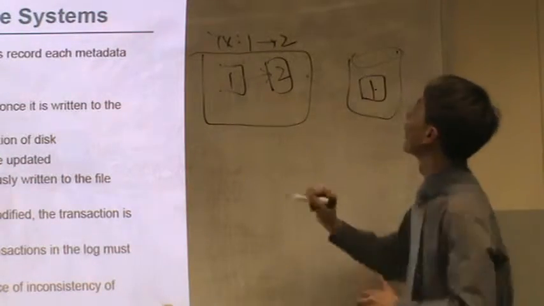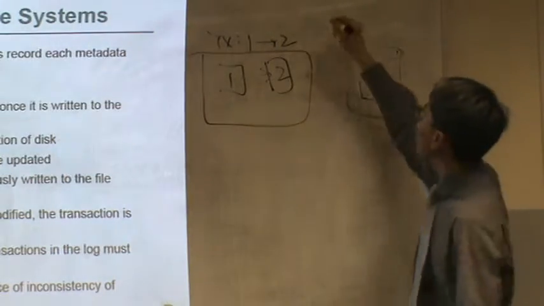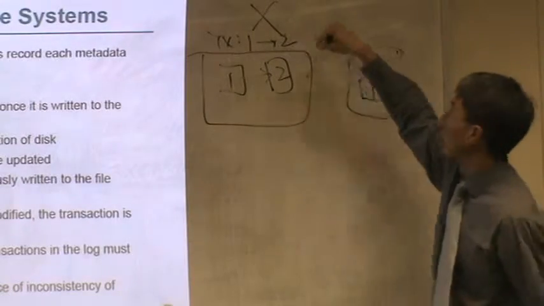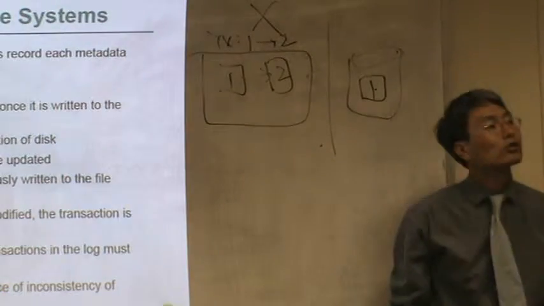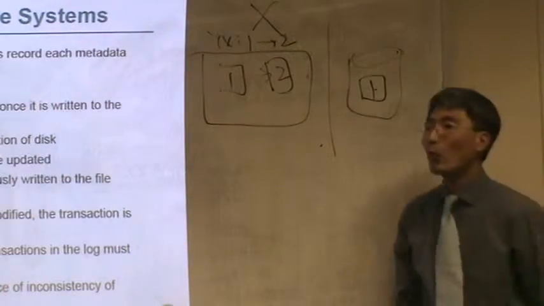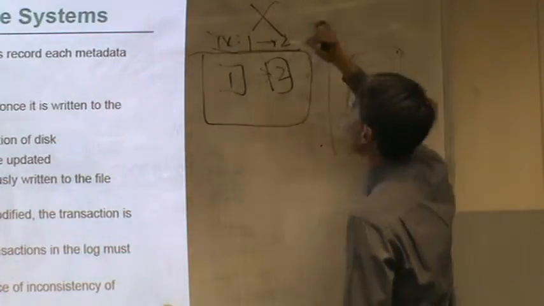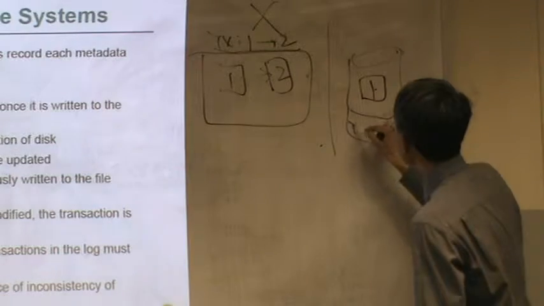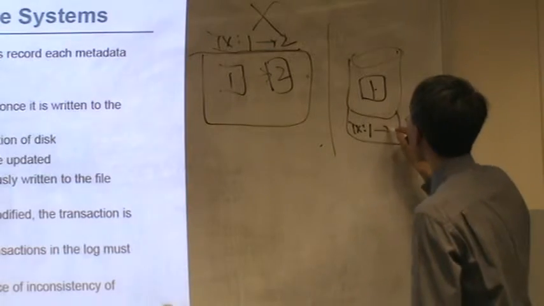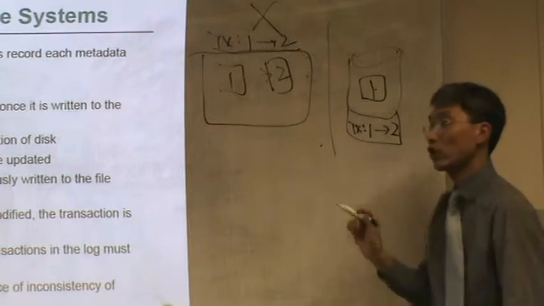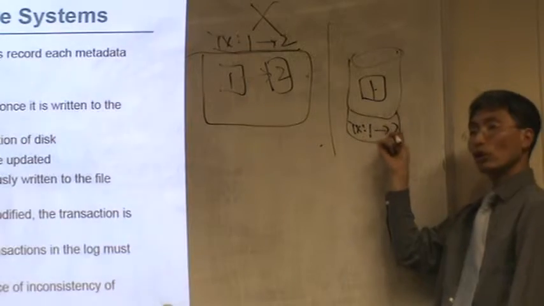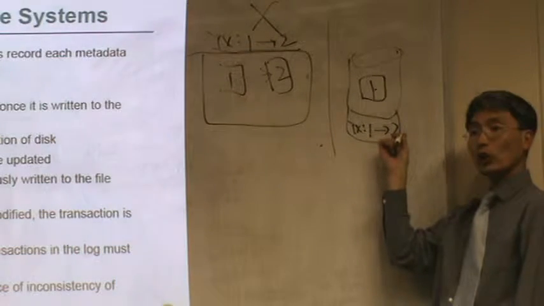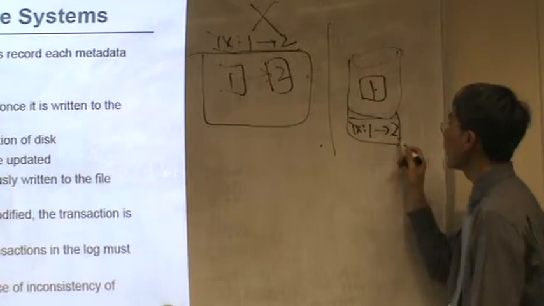The disk is still 1. But problem, if the system crashes, we lose such data. So to address that problem, when we execute the transaction, this information, TX transaction change 1 to 2, should be logged.